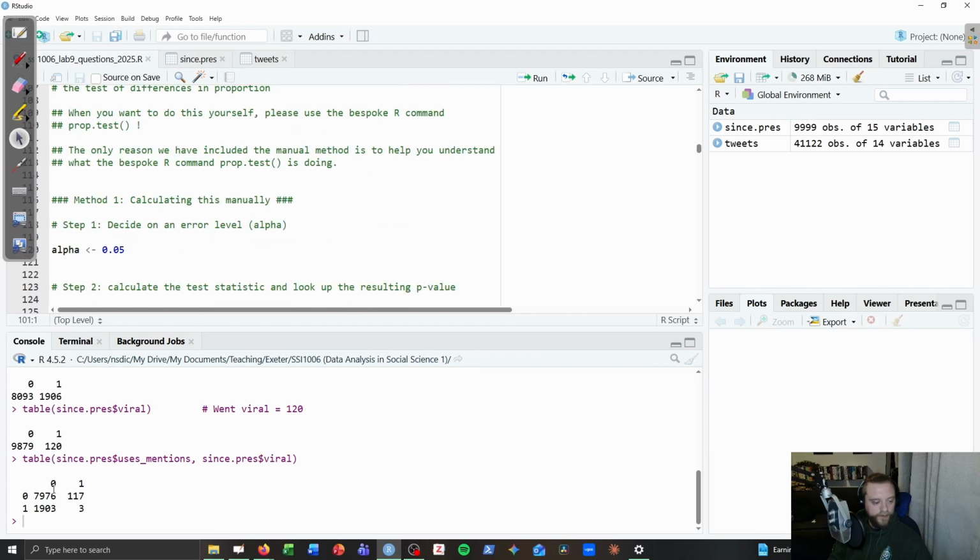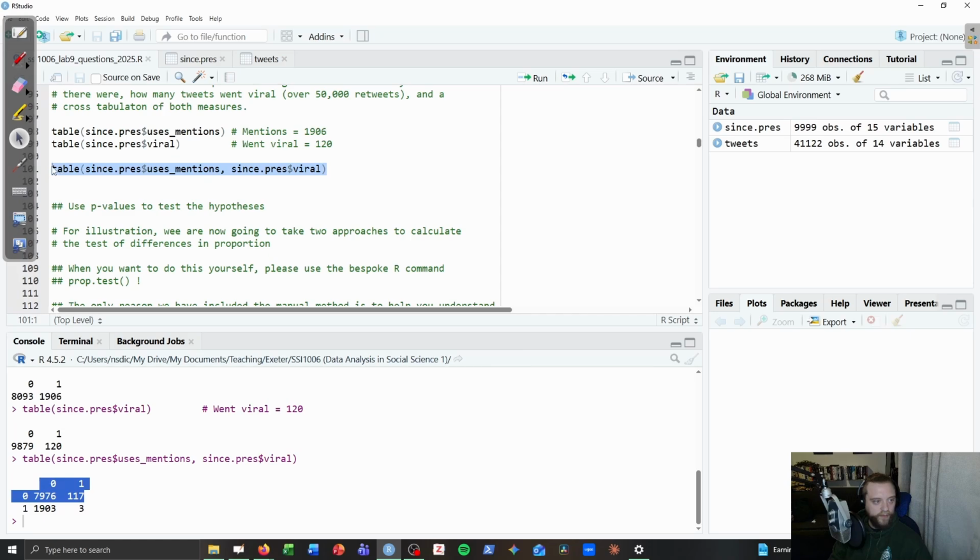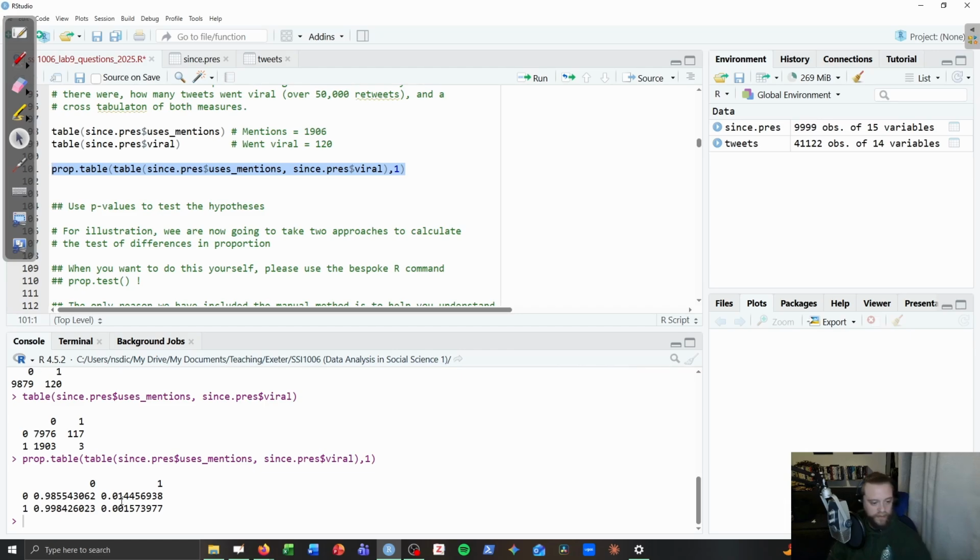So we can express these as proportions then. And in fact, if we wanted to do this, we can look at this as a proportions table. If I run this, here are our proportions.